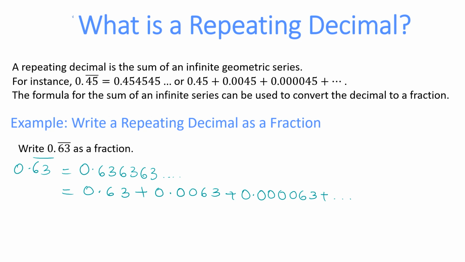Now this is an infinite series, and we know that the sum of an infinite series is given by a1 over 1 minus r.